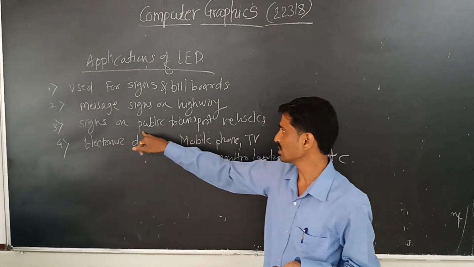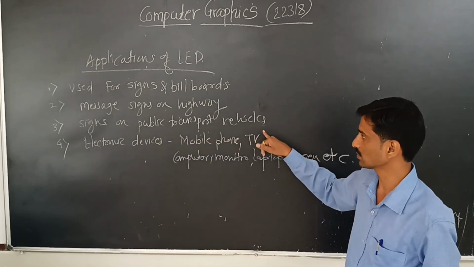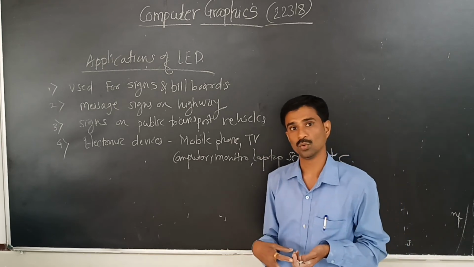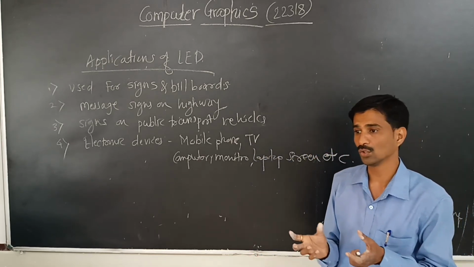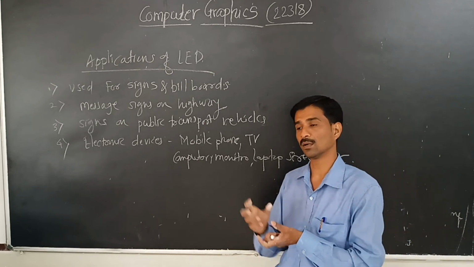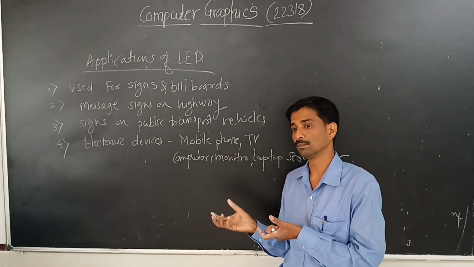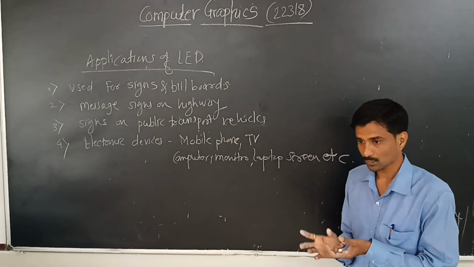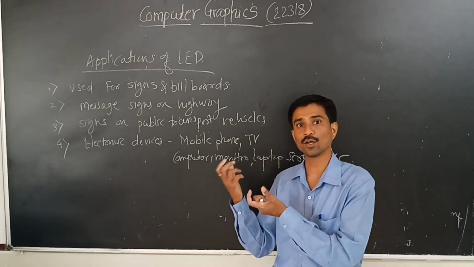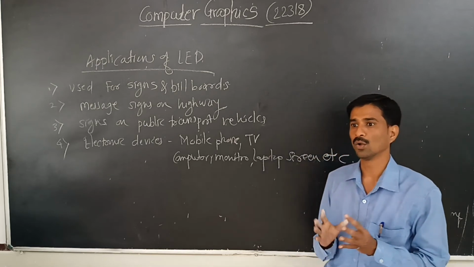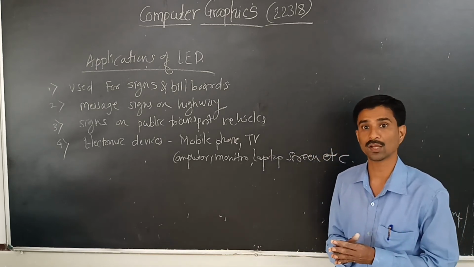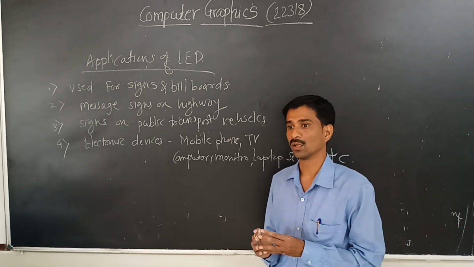Then signs on public transport vehicles. On some vehicles also they are using LED. On the back side of a vehicle, you can see different LEDs on police vehicles and ambulances.